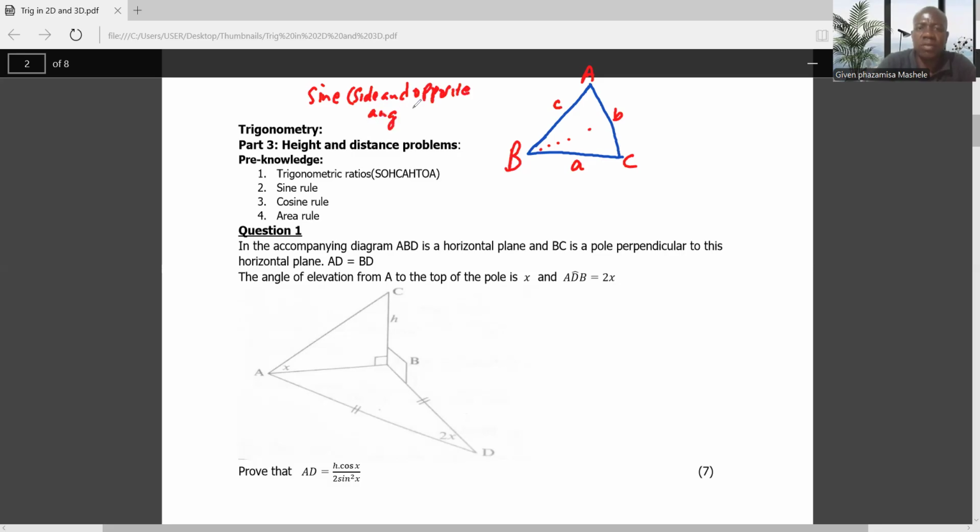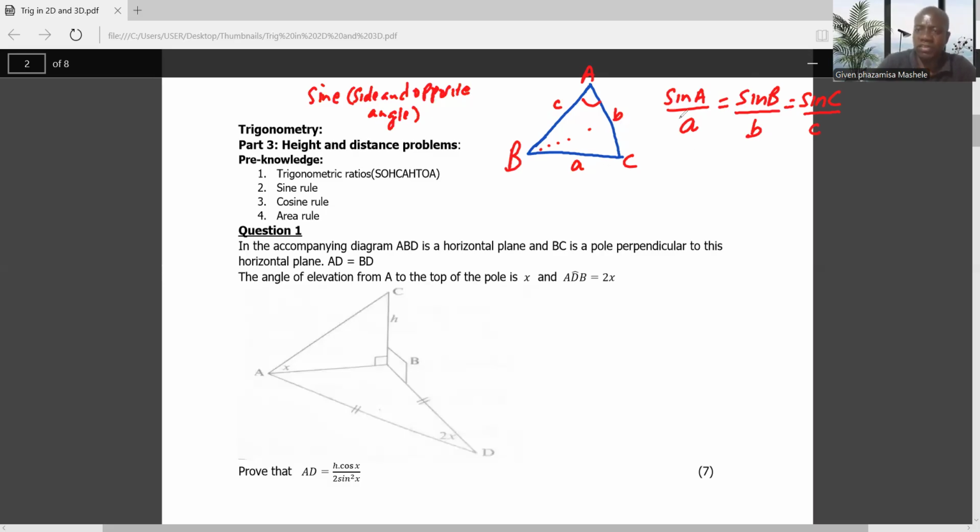For example, if I want to use sine rule, maybe using angle A, this will be the sine of angle A divided by the side that is opposite to angle A, small letter a, equals the sine of angle B divided by small letter b, equals the sine of angle C divided by small letter c. Remember, the small letters are the sides, the bigger letters are the angles.